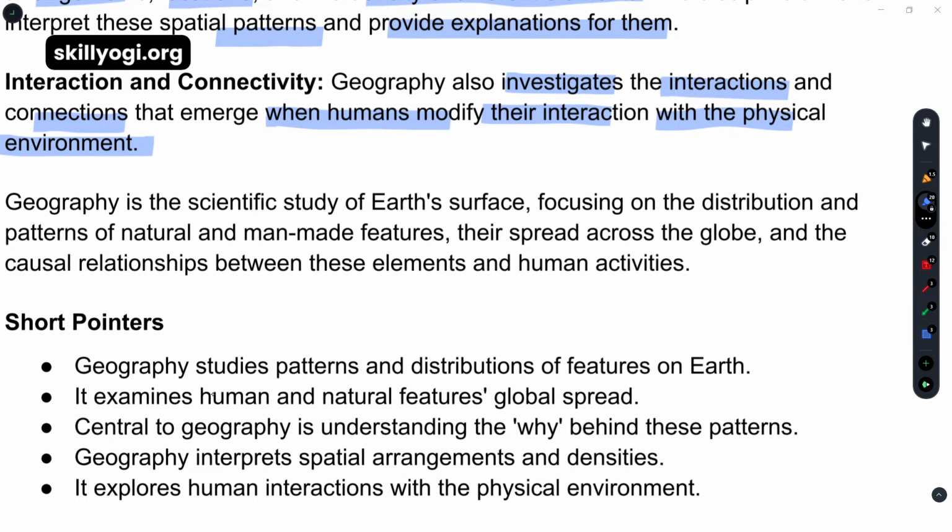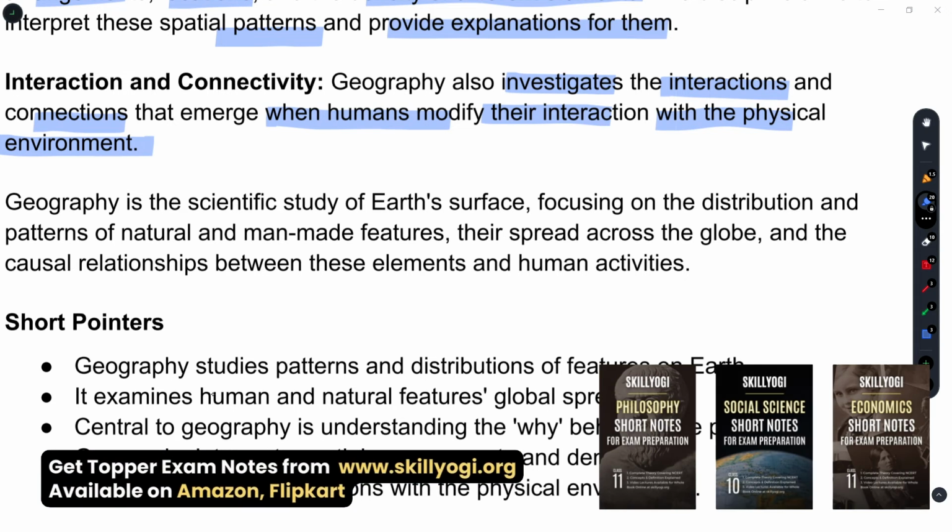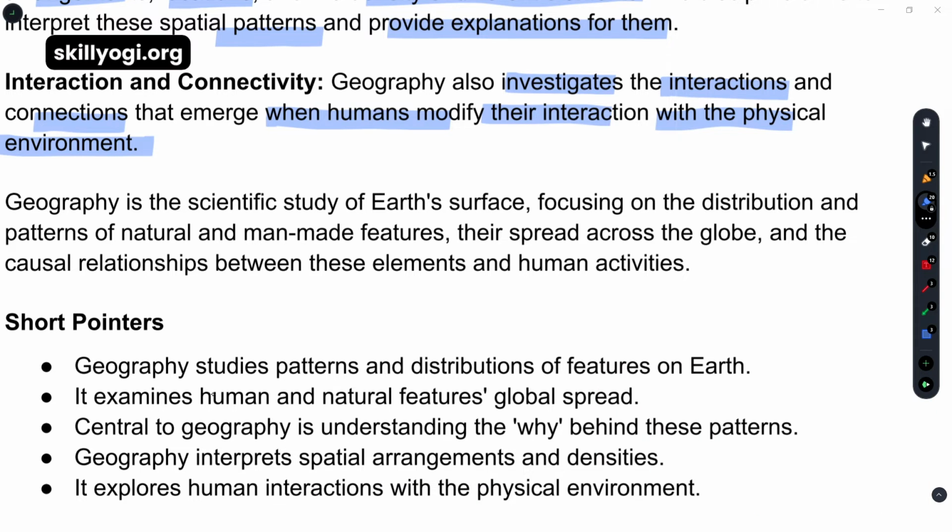What were these two approaches? Determinism and possibilism. And after that, just now we have learned neo-determinism, which was propounded by Ellen Churchill Semple. So there is written the line that when humans modify their interaction with the physical environment, humans are making changes as per their requirement, as per their ability, as per their demand.